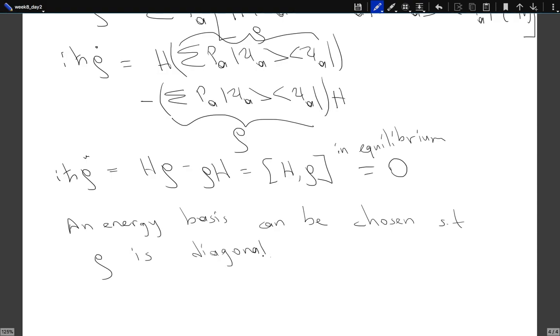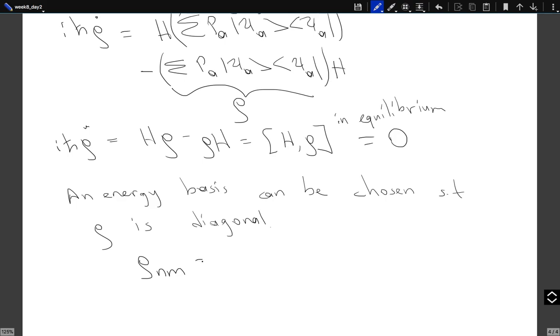Because H and rho commute, I can diagonalize them simultaneously. Well, it basically tells me that the matrix elements of rho in this energy basis should be some number times the Kronecker delta nm.